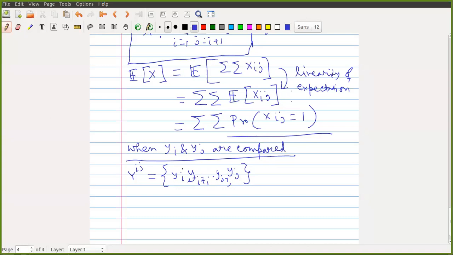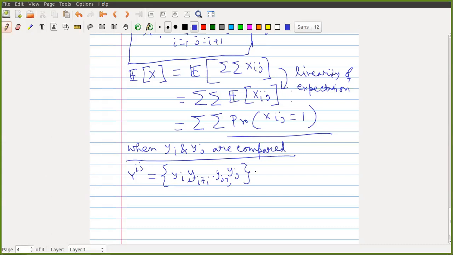Also when y_j is pivot, it is compared. So if they both belong to the same list, which I am writing as y superscript ij, they will be compared.